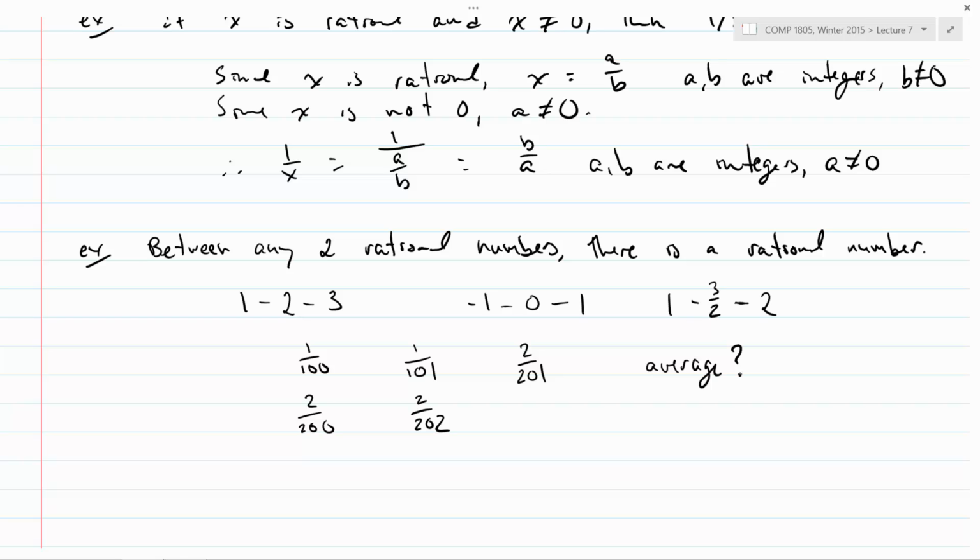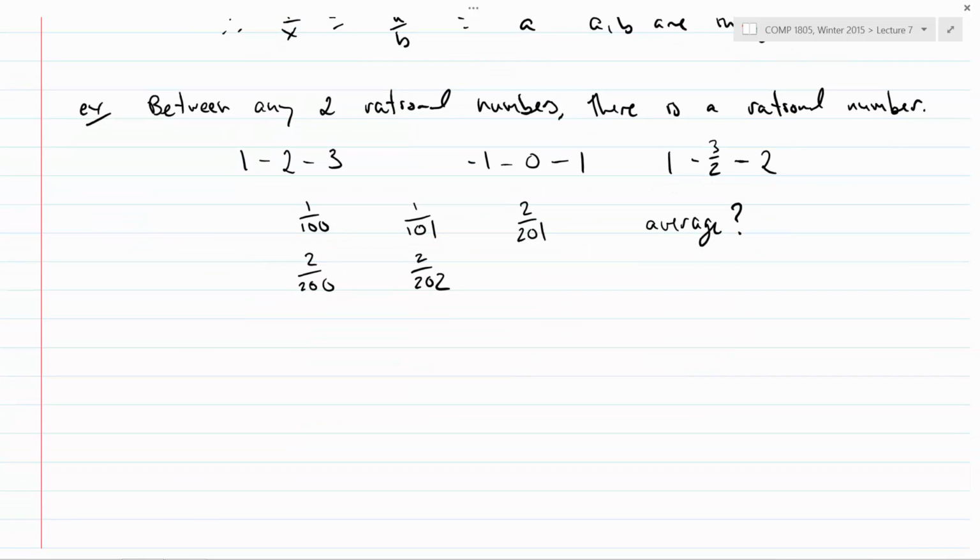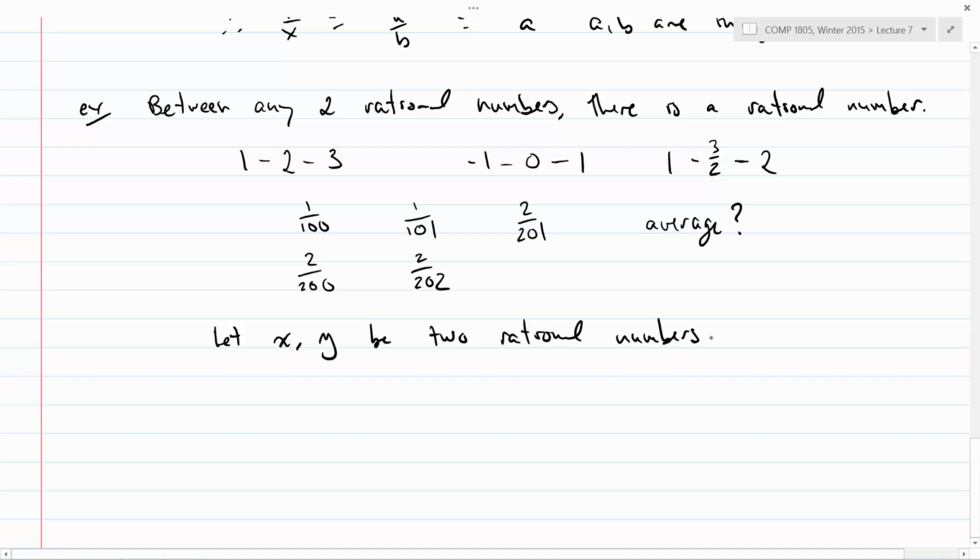So what we'll need to do is prove that the average of the two numbers is always strictly between them when the numbers are different. So let's try that. Let's say let x and y be 2 rational numbers with the understanding that they're distinct.